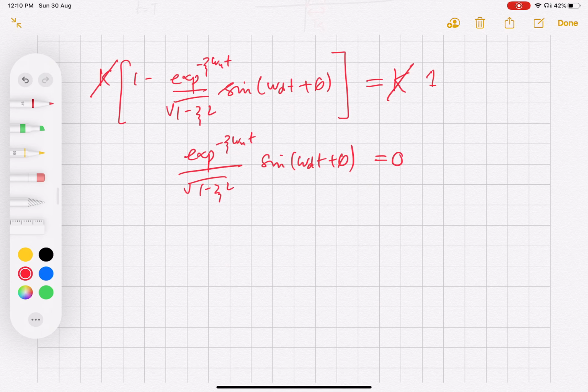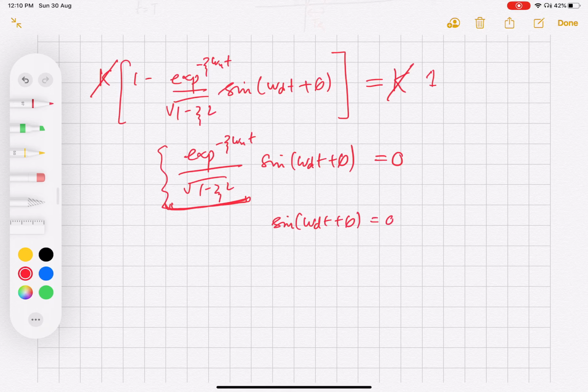And this is going to be 0 not when the exponential is 0, because the exponential is going to be 0 at a fairly later time, when time is close to infinity. So this is going to be 0 when the sine omega dt plus phi is equal to 0, right?